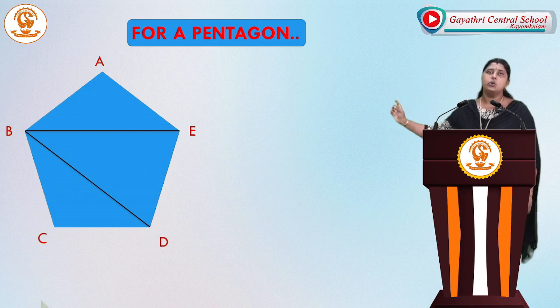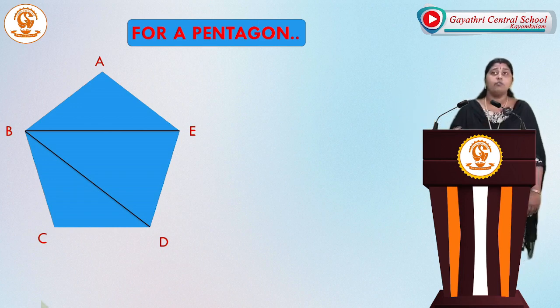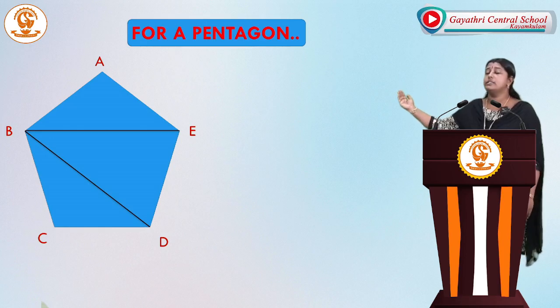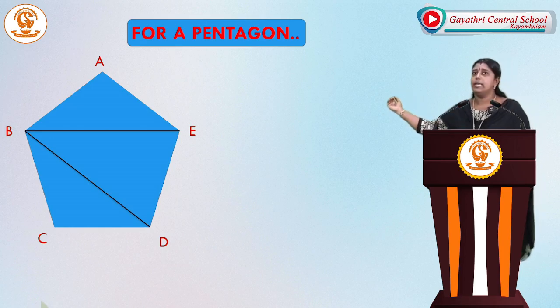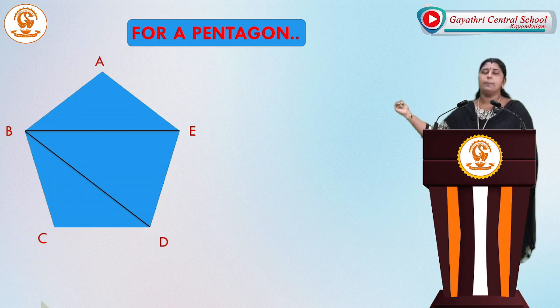Here we have to draw diagonals from any one vertex to its non-adjacent vertices. So BE and BD are the possible diagonals here.